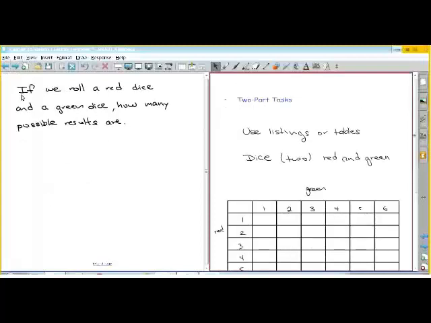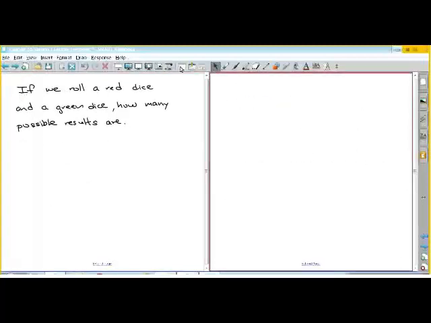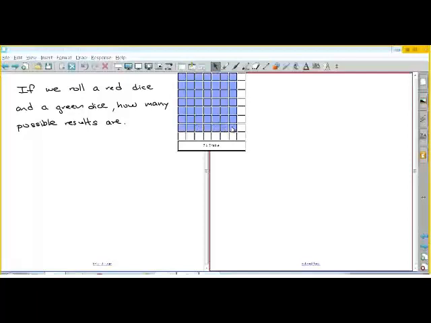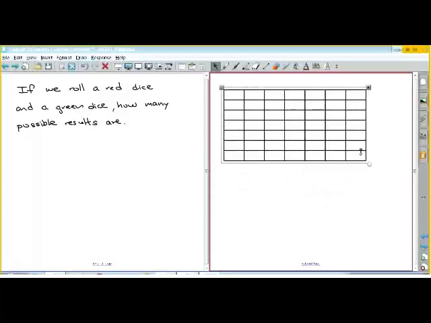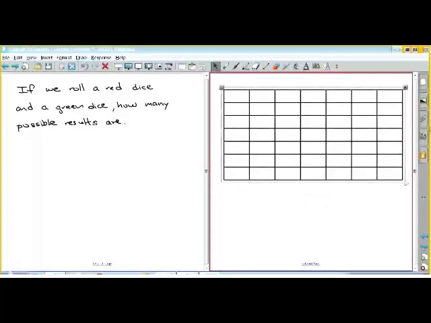It's not 6 by 6, it's 7 by 7 because I need to put the headers on here. I'll write in red down here. The red dice can have 1, 2, 3, 4, 5, 6, and the green dice can have 1, 2, 3, 4, 5, 6. Those are all the possibilities of the 2 dice.